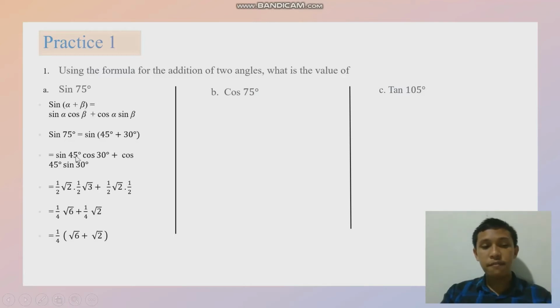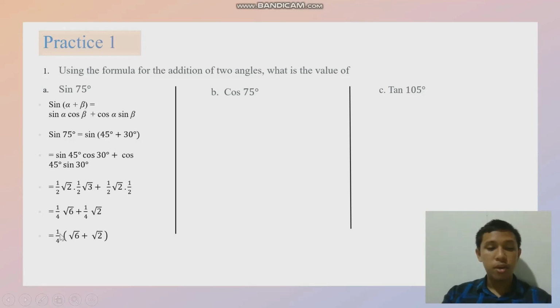Because the value of sin 45 degrees is 1/2 the square root of 2, the value of cos 30 degrees is 1/2 the square root of 3, the value of cos 45 degrees is 1/2 the square root of 2, and the value of sin 30 degrees is 1/2, the result is 1/2 the square root of 2 times 1/2 the square root of 3 plus 1/2 the square root of 2 times 1/2, which equals 1/4 the square root of 6 plus 1/4 the square root of 2.